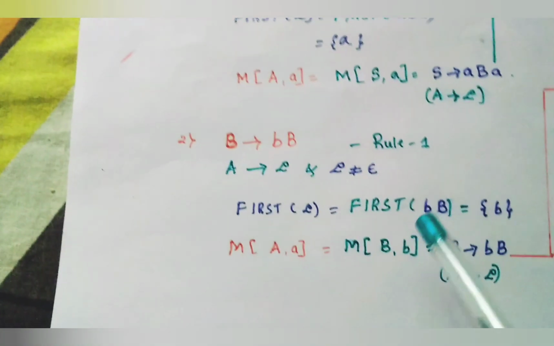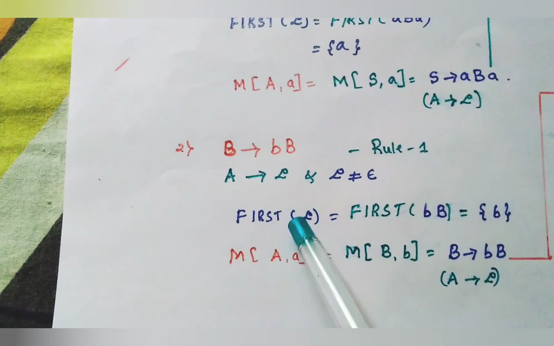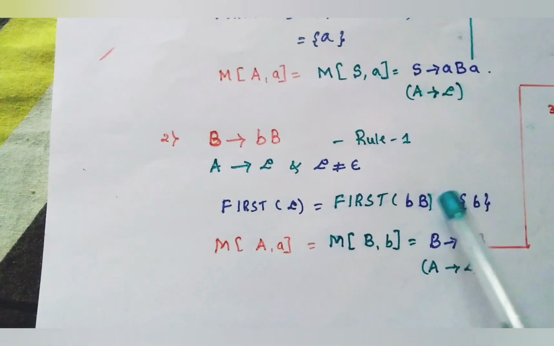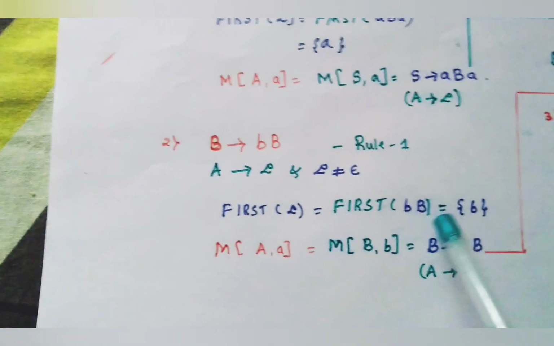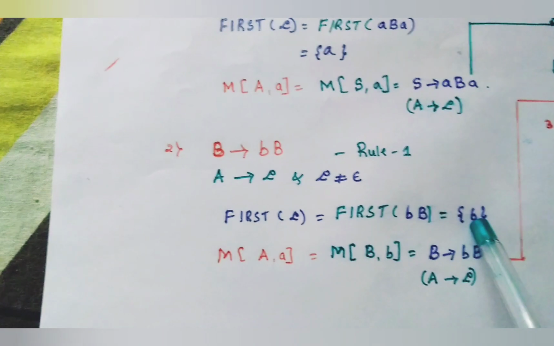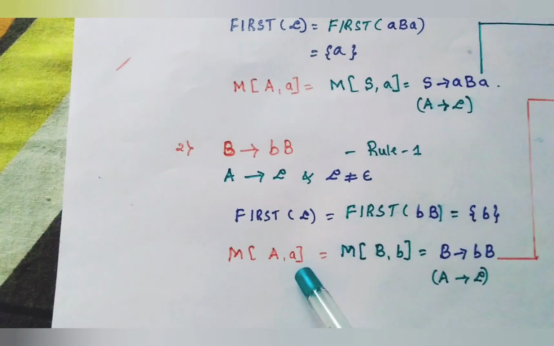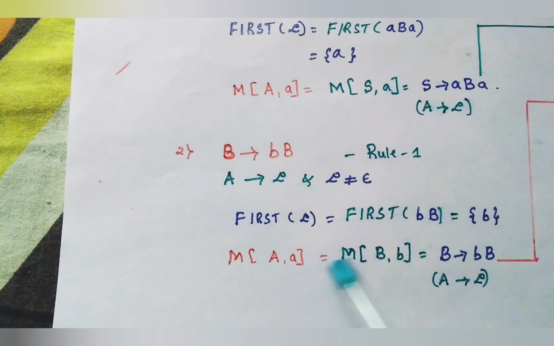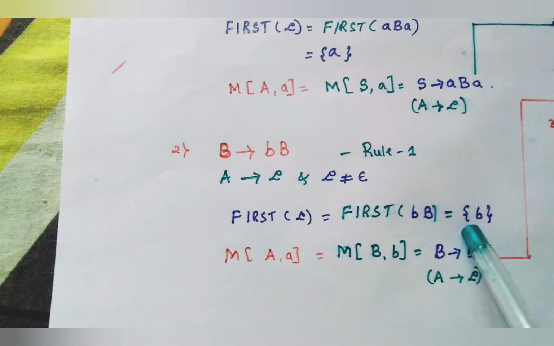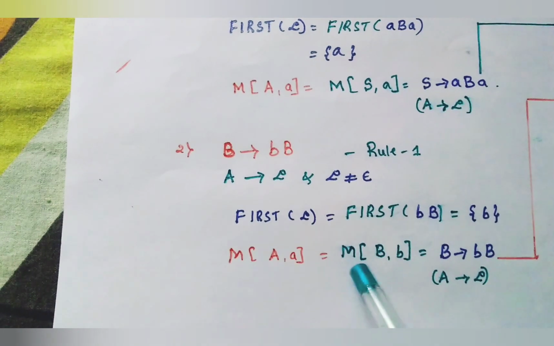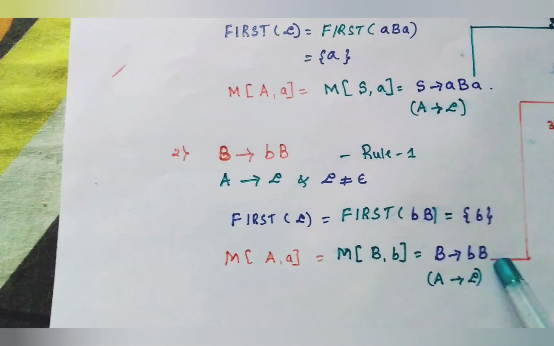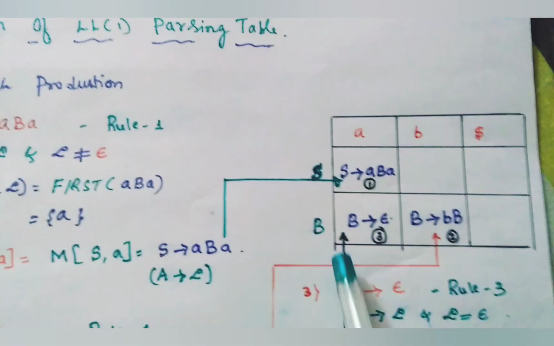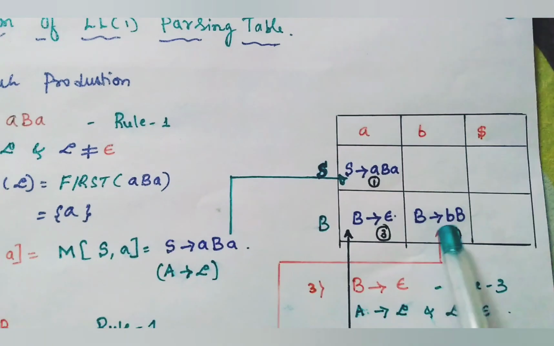When I apply that rule, my first of alpha is first of BB, which is equal to B. In this case my A is B and the small a is B, which is taken from the first of B. I'll make an entry M of B comma B is equal to B tends to BB, which in my predictive parsing table is B on B is equal to B tends to BB.